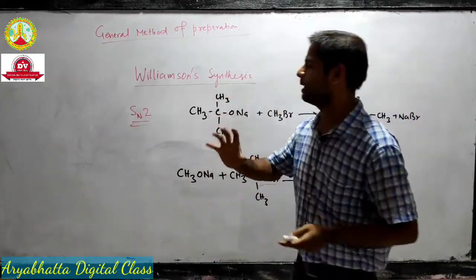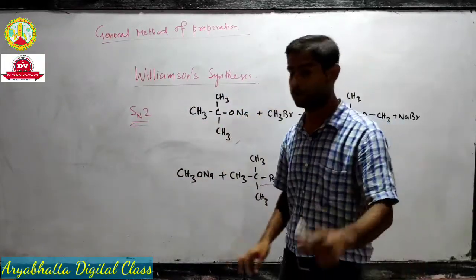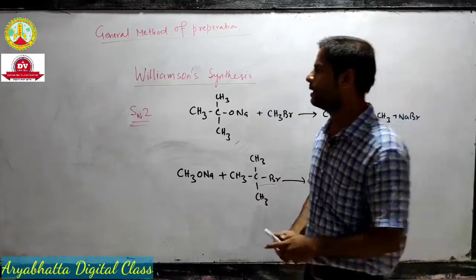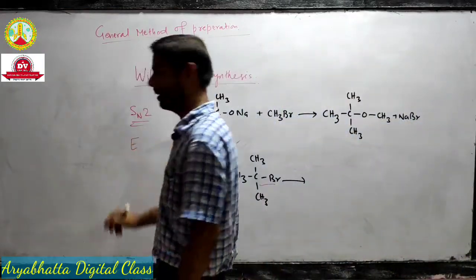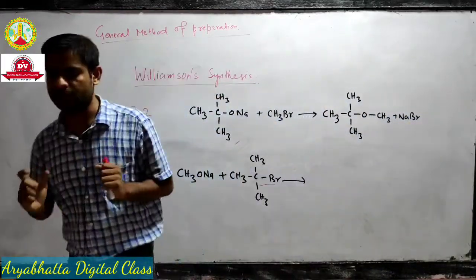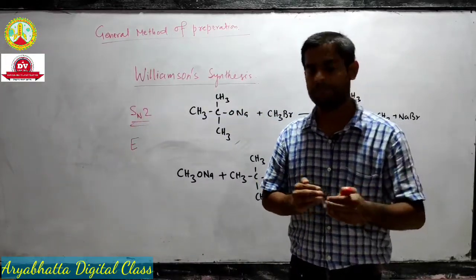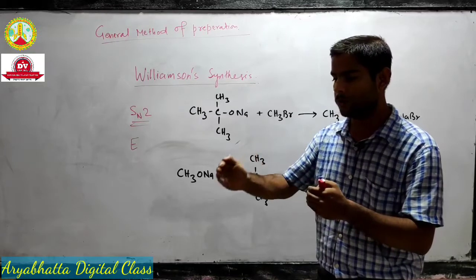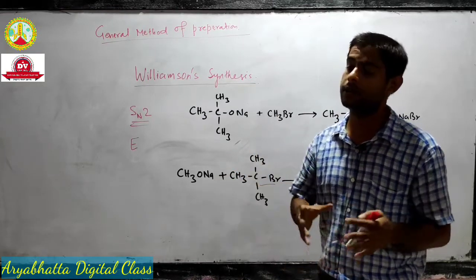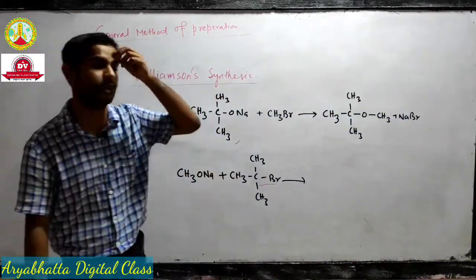Now, we have seen that whenever there is a scope of SN2 substitution in alkyl halides, there is a possibility that elimination can also take place, because they have similar conditions. The same reagents can give rise to a nucleophilic substitution product and to a product related to the alpha beta elimination of the alkyl halide.